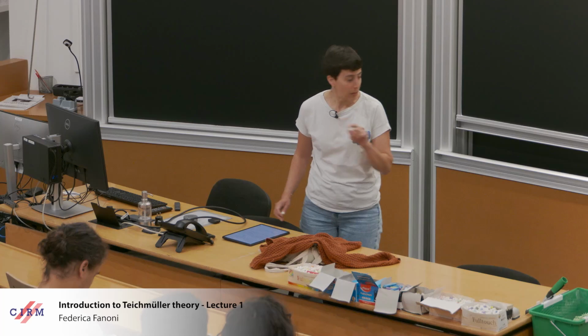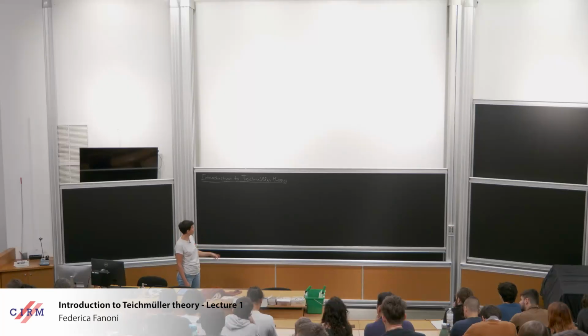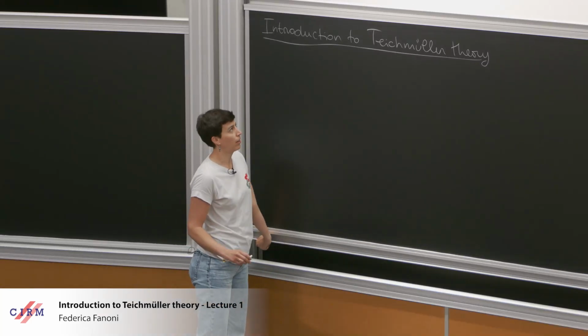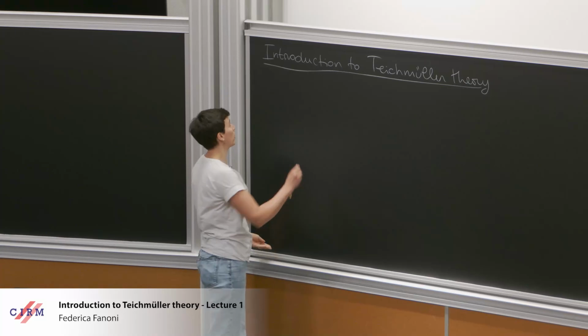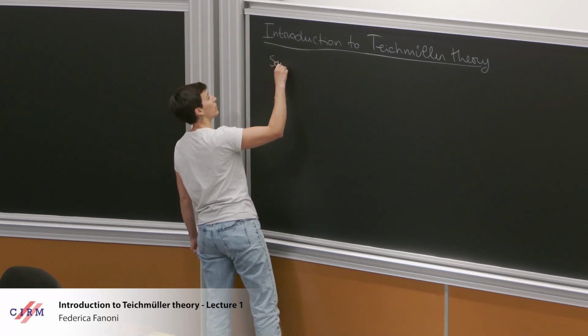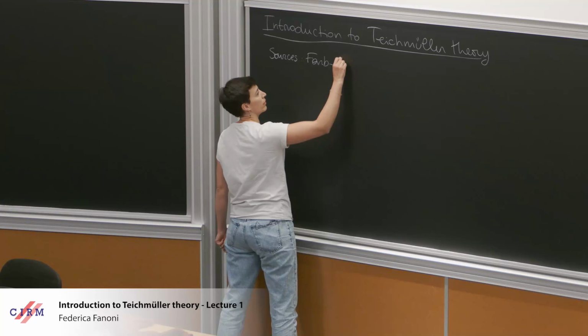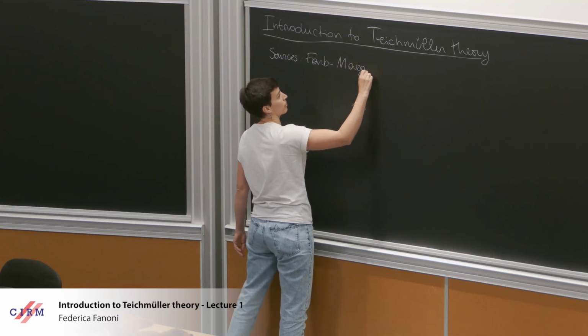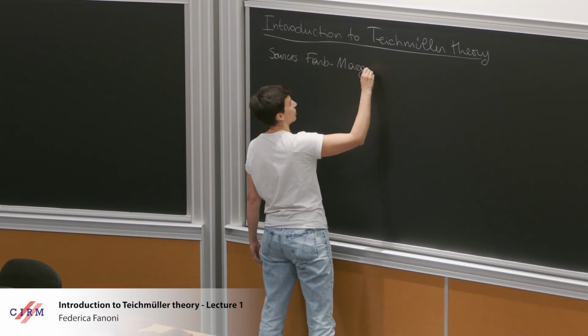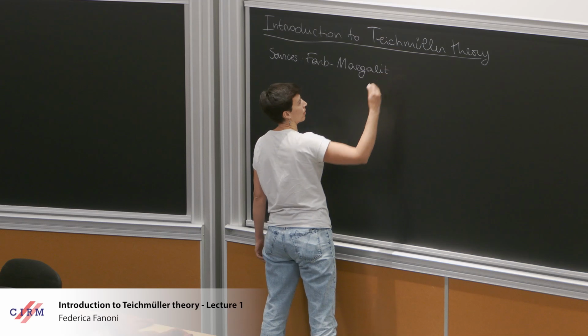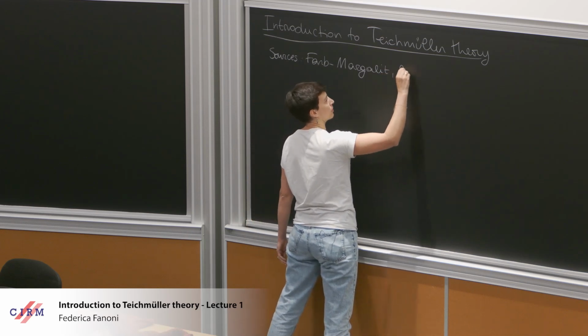And maybe just one thing, in case you're interested in this kind of stuff, there's lots of sources. One maybe good book is Farb and Margalit's book, A Primer on Mapping Class Groups. It's mostly on mapping class groups, but it has a good part on Teichmüller theory as well.